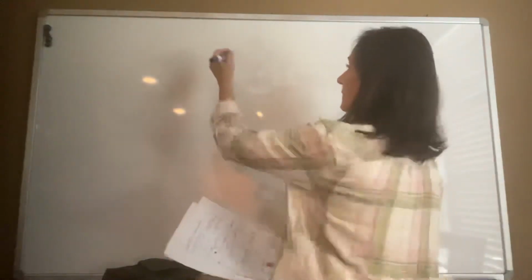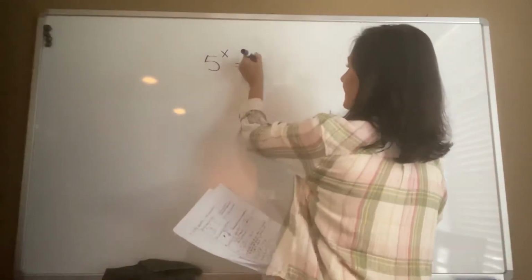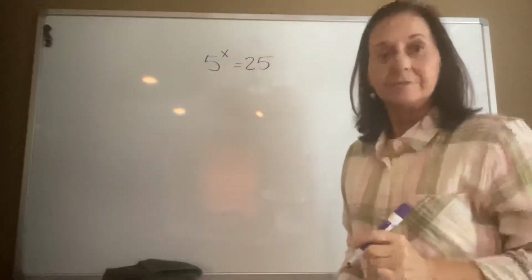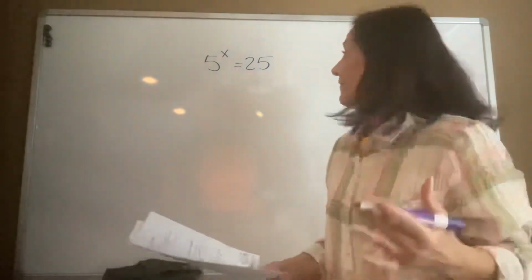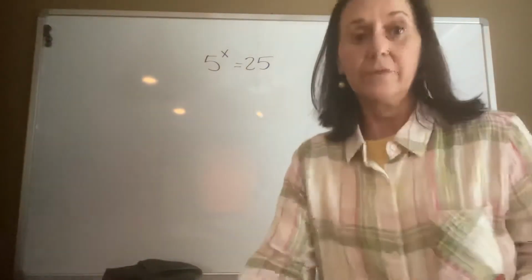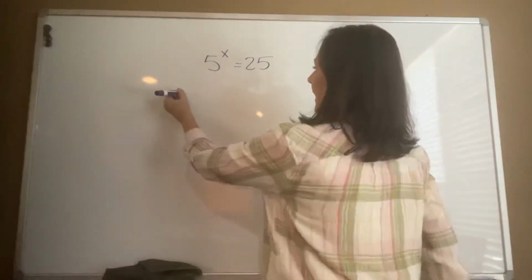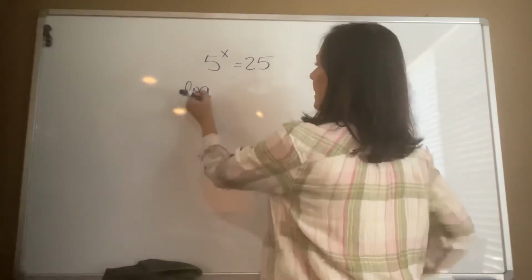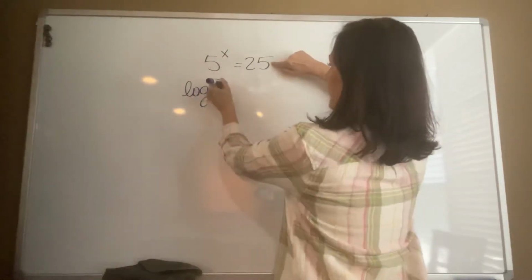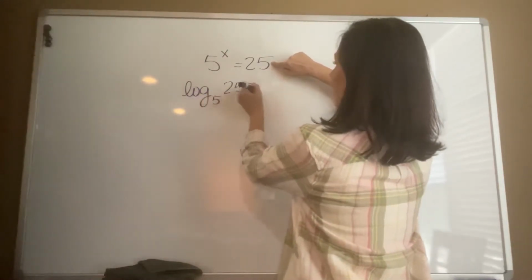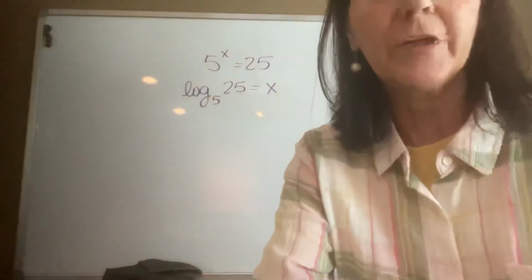If I had 5 raised to the x equals 25, obviously we know that x is 2, but I could rewrite this as a log. I could say log, here's my base, 5, here's my antilog, 25, and x is my log. And I could put it in my calculator.